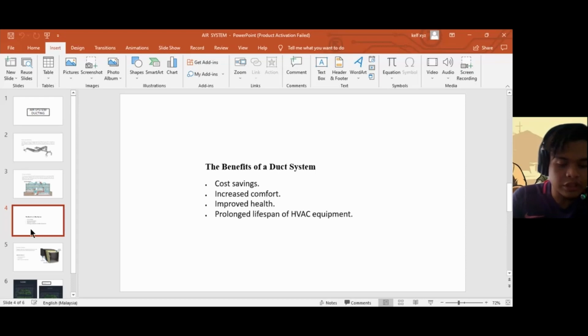Those who suffer from allergies or asthma will benefit from the increased air quality. And the last one is the prolonged lifespan of HVAC equipment. It means clean, well-maintained ducts circulate clean air through your building, preventing wear and tear on system components due to dust or other particles.